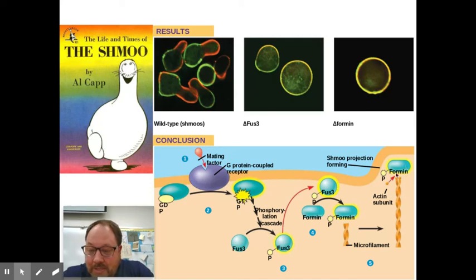But what happens is this enzyme, when it's phosphorylated, it adds amino acids to, or little subunits of the protein, to actin, and then it adds the protein, and then the protein builds. And as the protein builds, it pushes on the plasma membrane, and then that causes the membrane to extend.